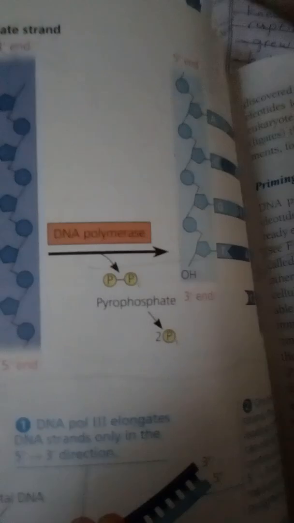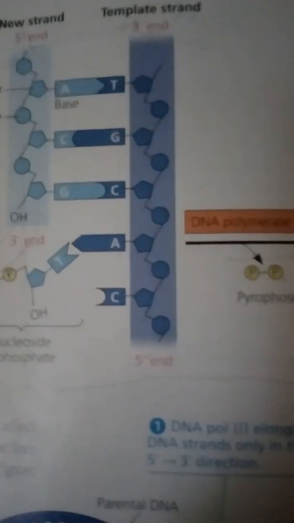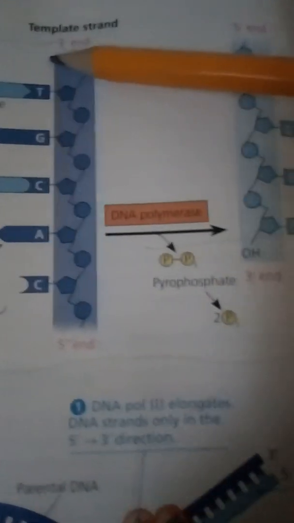With this in mind, let's examine a replication fork along one template strand. DNA polymerase 3, abbreviated DNA pol 3 or pol III, can synthesize a complementary strand continuously by elongating the new DNA in the mandatory 5 to 3 direction.